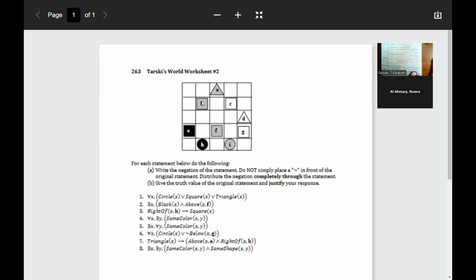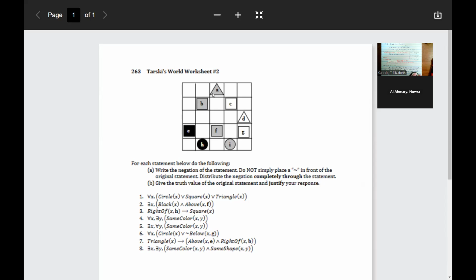So if we look at B, what's to the right of B? A is to the right of B because it's in a column that's to the right of the column that B is in. C is obviously to the right of B, but D is actually considered to the right of B, and so is F, and so is G, and so is I. But H is not to the right of B because H is in the same column as B, and E is not to the right of B, obviously, and B is not to the right of itself.